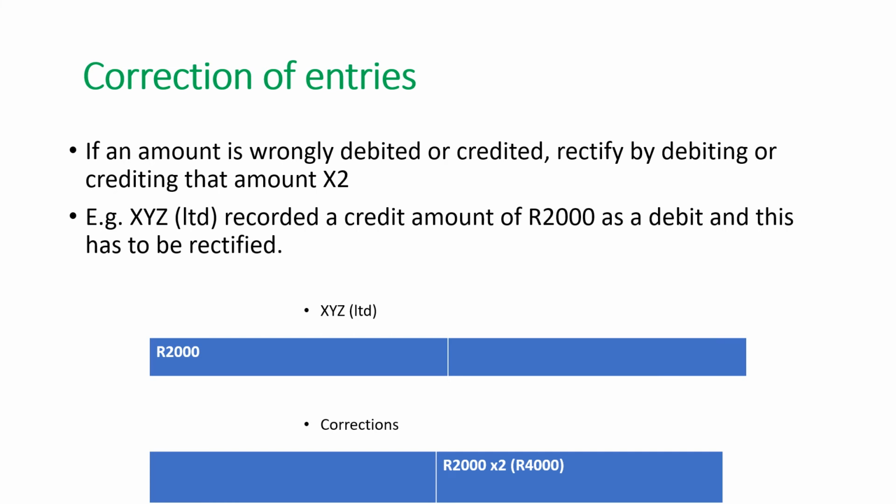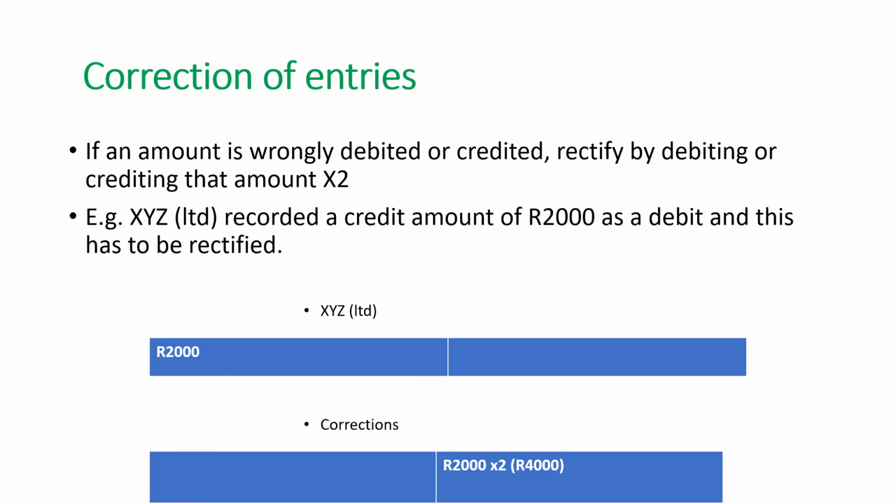Why do we do that? Because the first 2000 that we recorded on the credit was only to rectify the mistake here, to cancel this entry, because this is a debit balance of 2000. Then if we credit it with 2000, it means 2000 minus 2000, then it is 0. Then we are cancelling this transaction.